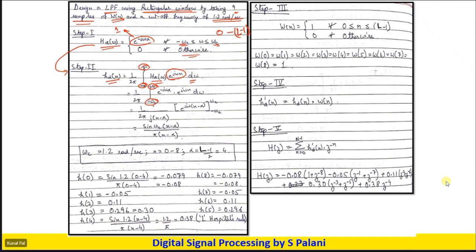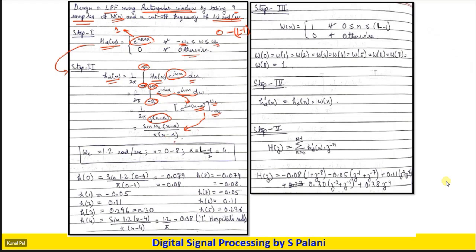And this Hd omega is given by e to the power minus j omega alpha, so this part becomes e to the power j omega n minus alpha. After the integral, we get 1 by 2 pi j of n minus alpha multiplied by e to the power j omega n minus alpha from minus omega c to omega c. Then you put in the values, and after solving, we get sine of omega c n minus alpha divided by pi n minus alpha.